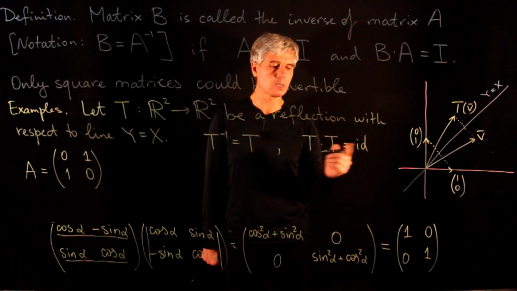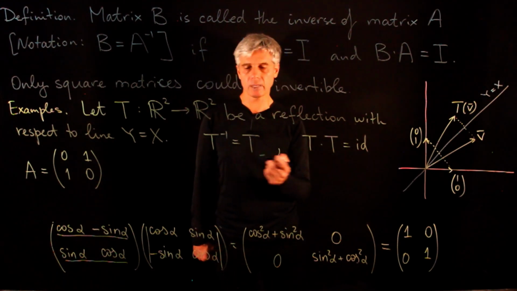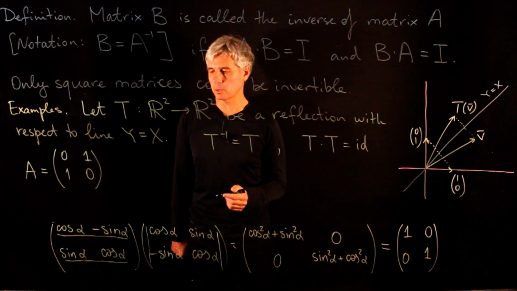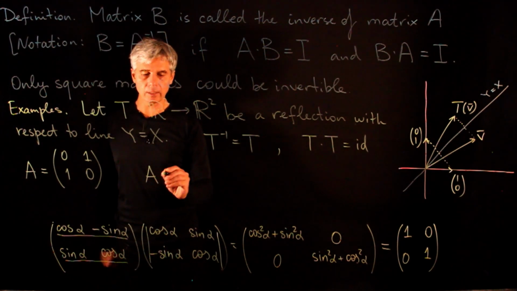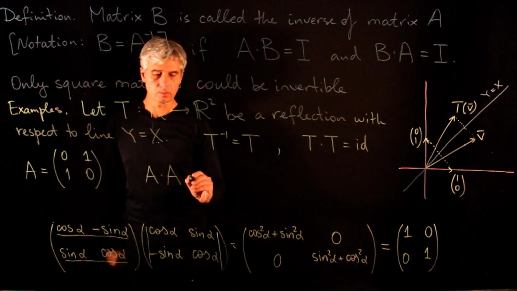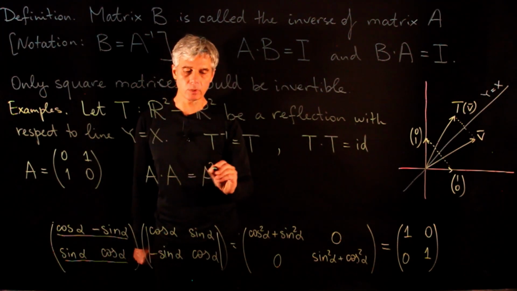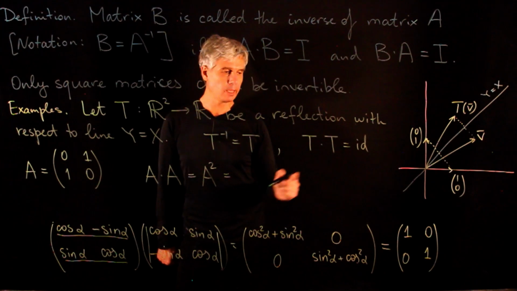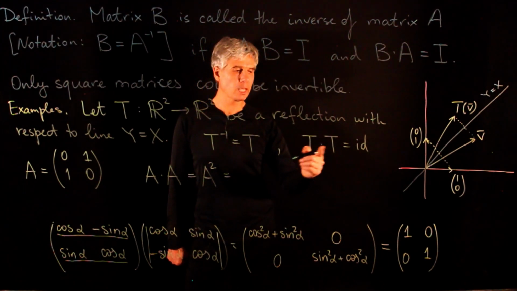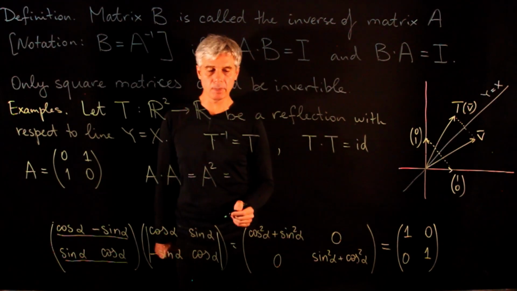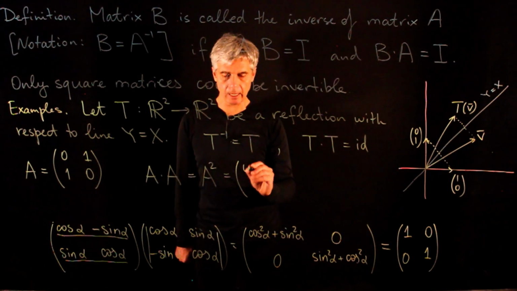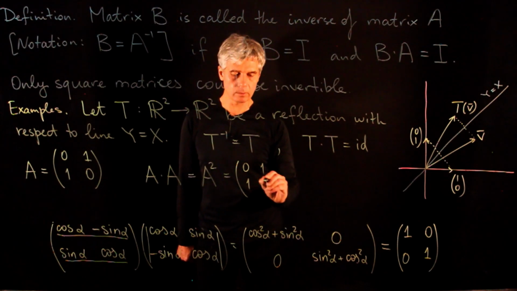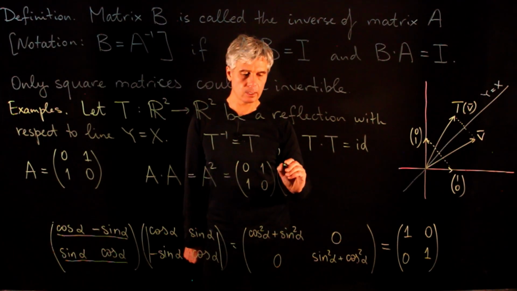With matrices, we need to calculate A times A, which we will also denote A squared. And this product of A with itself must be the identity matrix. So let's check this. Matrix A is 0, 1, 1, 0. And we take it twice.